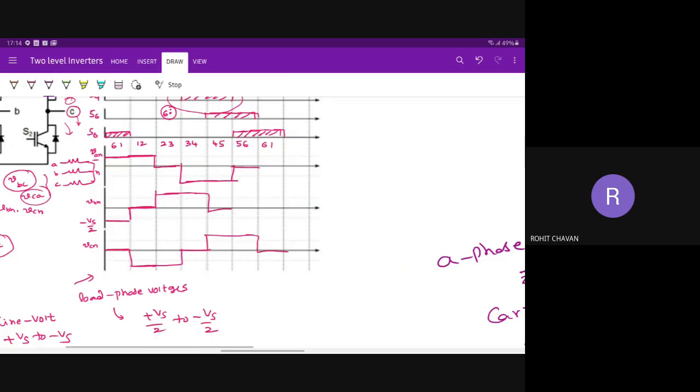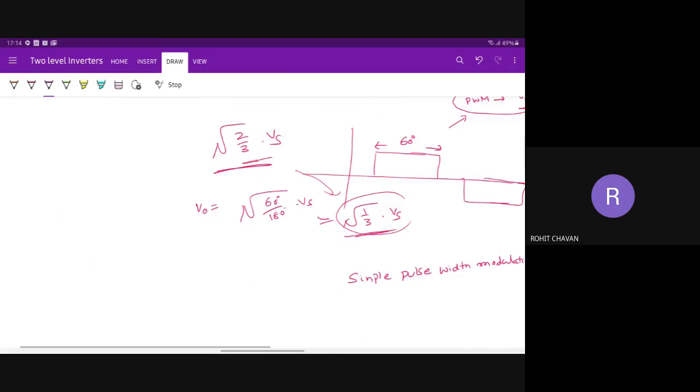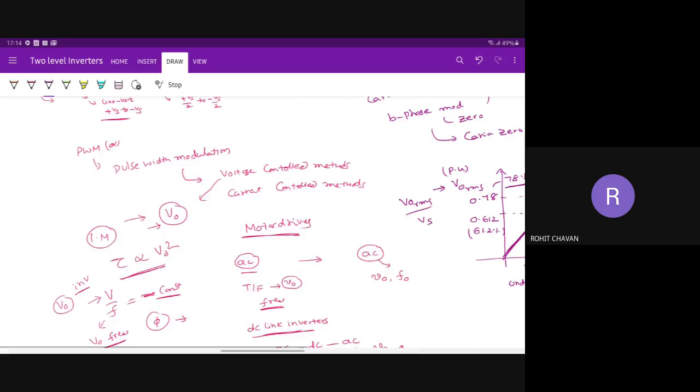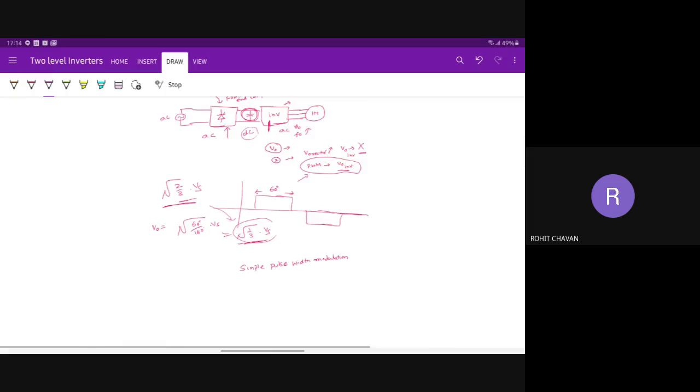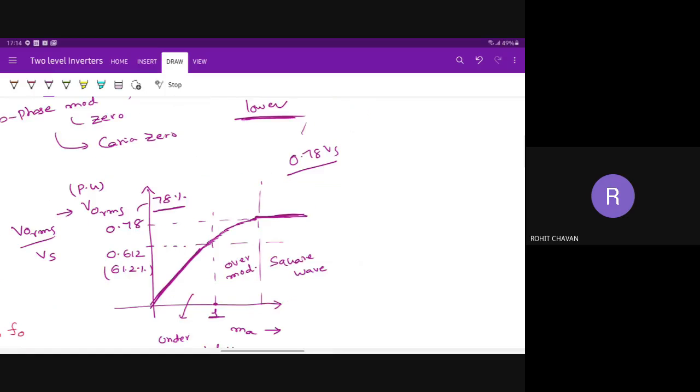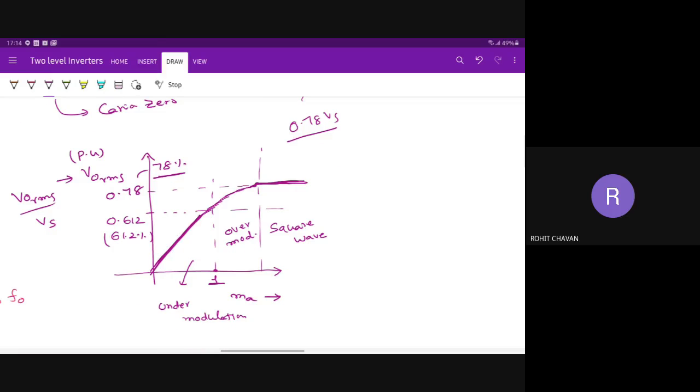When the inverter is operating in a square wave, the output voltage is 78% of Vs, or 0.78 times Vs. When the inverter is operating in sine PWM with MA equal to 1, the maximum output voltage that you obtain is 61.2% of Vs. Okay, in other words, 0.612 times Vs. Clear?